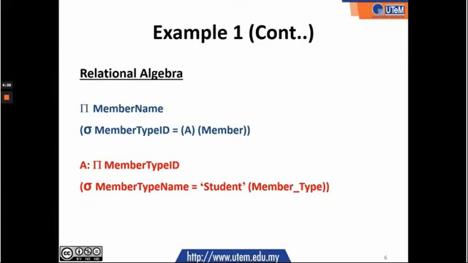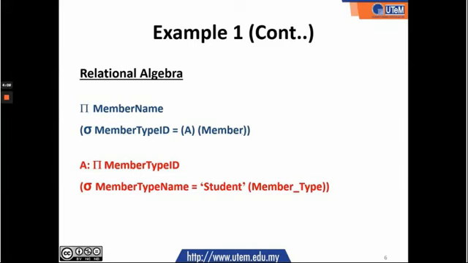Step number 2, on the same row or a different row, include the member table name, which is equivalent to from member in our SQL statement. You must include the open and close parentheses.